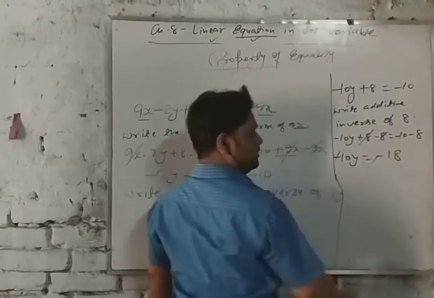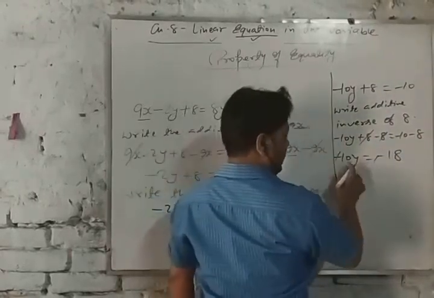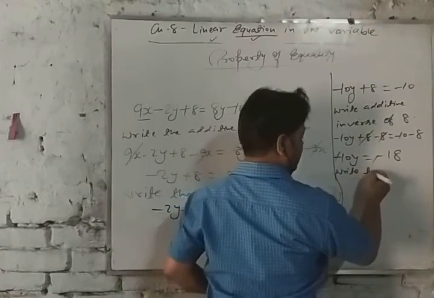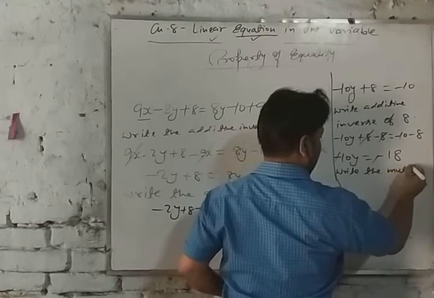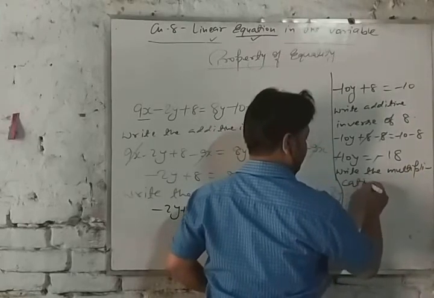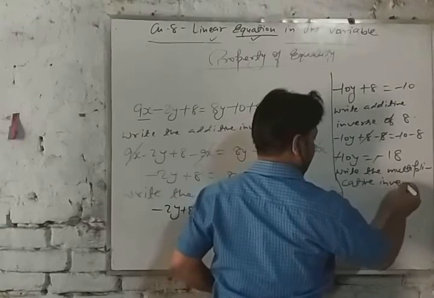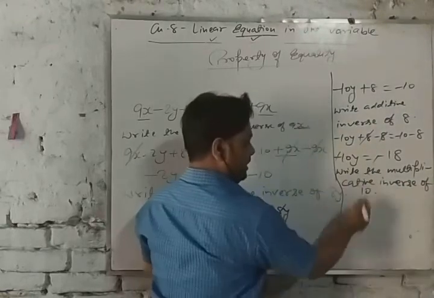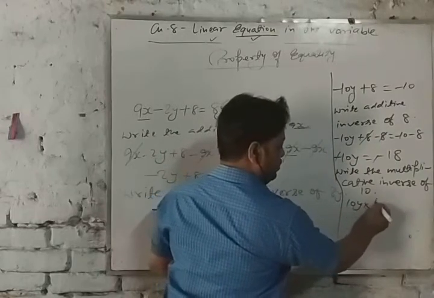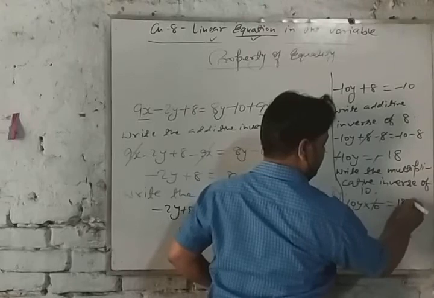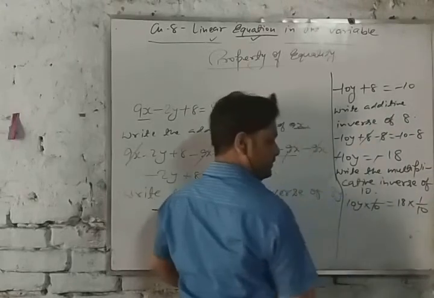Now minus minus cancelled out. Then 10y. Then we will write the multiplicative inverse of 10. Then 10y into 1 by 10 is equal to 18 into 1 by 10.